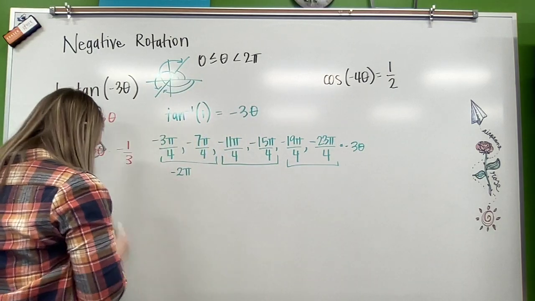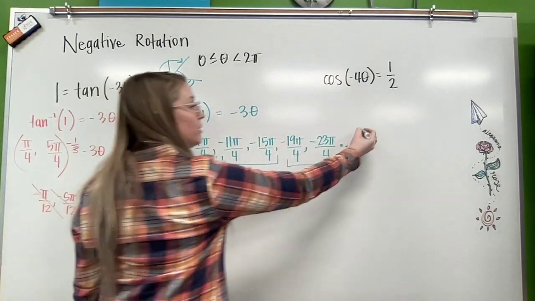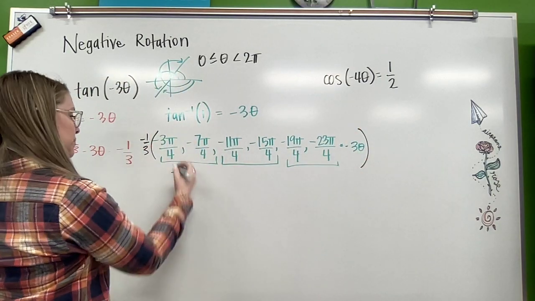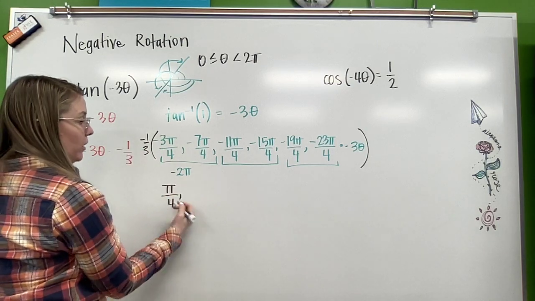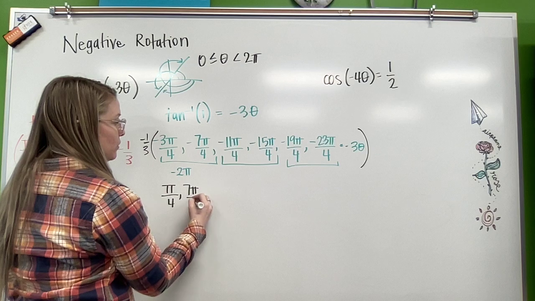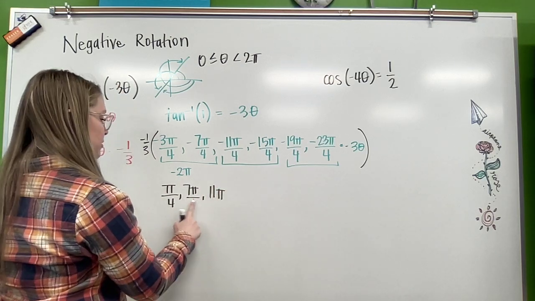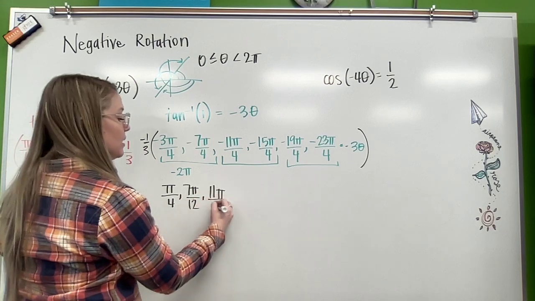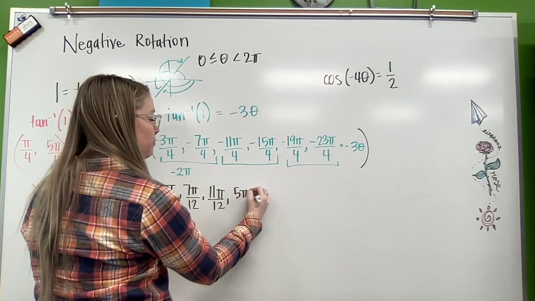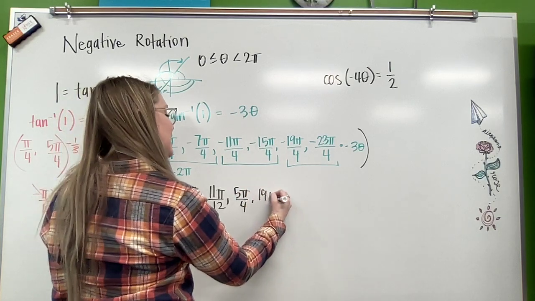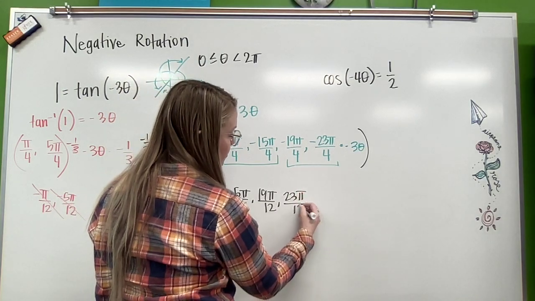So I'm going to go in now and multiply everything by negative 1/3. So I'm going to get negative times a negative, that's positive pi over 4, 7 pi over 4, 11 pi, oops, I'm multiplying by a third, so that's 7 pi over 12, 11 pi over 12, 15 over 3, that's going to be 5 pi over 4, 19 pi over 12, and 23 pi over 12.